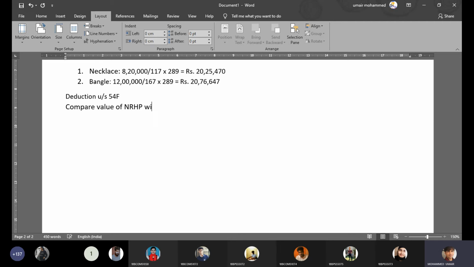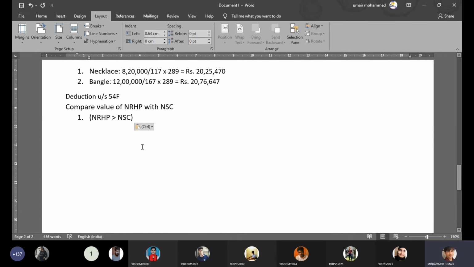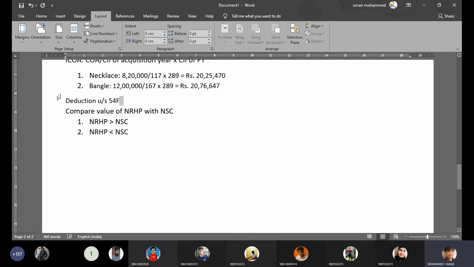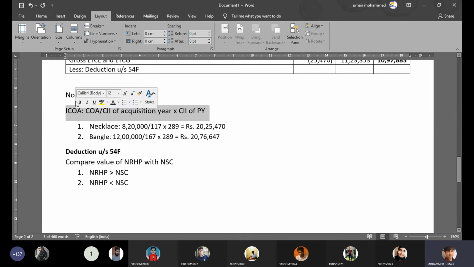We have two situations. Situation one is where the new residential house property is greater than the net sale consideration, and situation two is the opposite, where the value of the new residential house property is less than the net sale consideration. What's the situation in this problem? You have to determine which situation we are in.